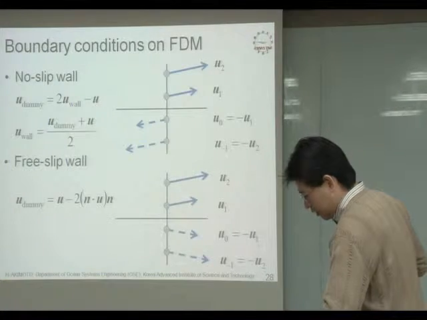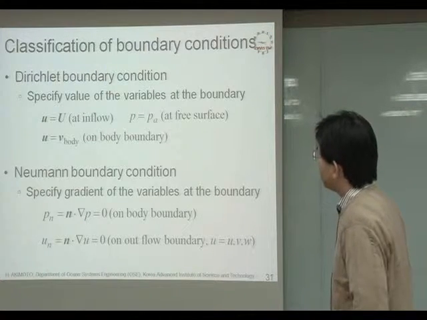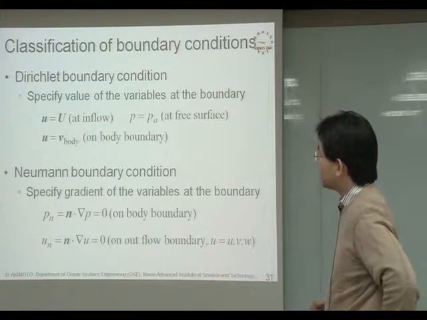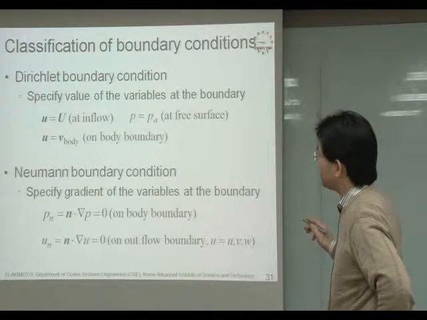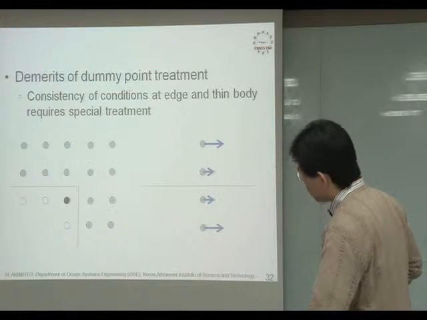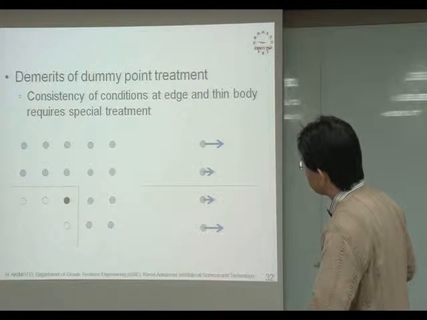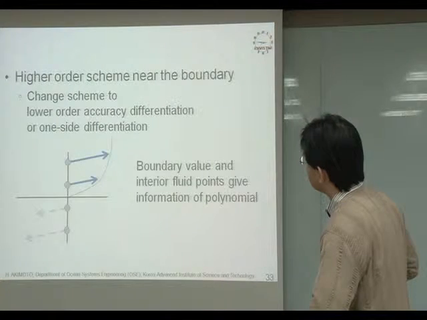Okay, and this one is already described. In the last class, I showed you the two classifications: the Dirichlet boundary condition and the Neumann boundary condition. I guess this image is easy to understand.